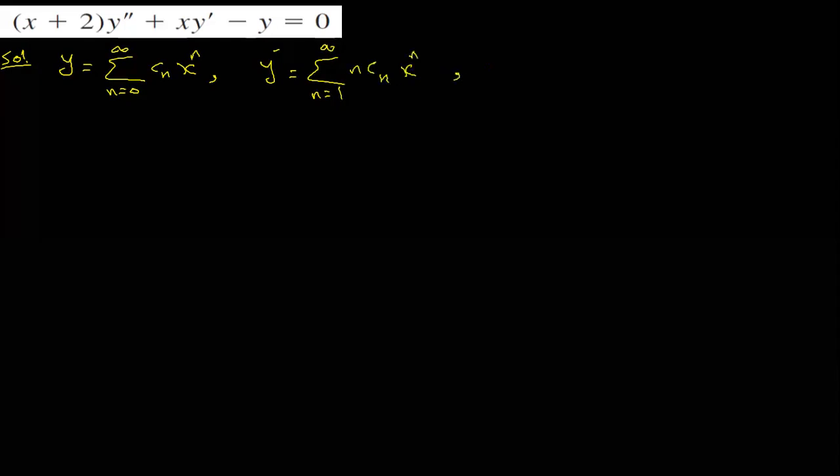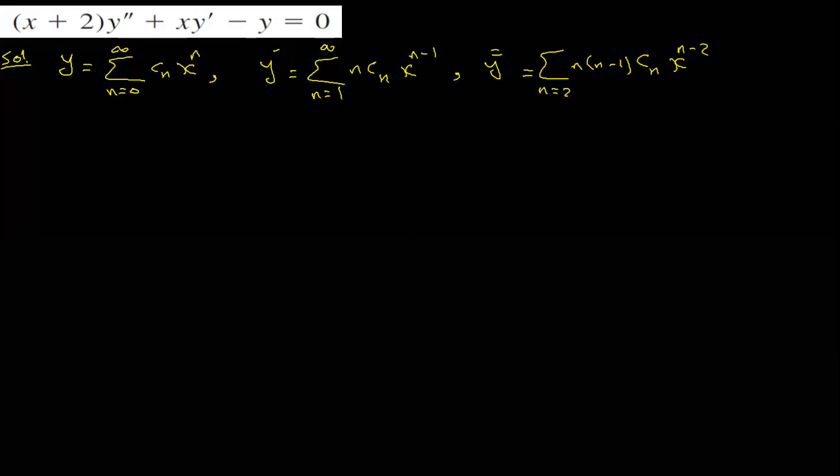Also, I remember the second derivative of my function as a power series is given from n equals 2 to infinity of n times n minus 1 Cn x to the power n minus 2. So those are the rules from my cheat sheet.